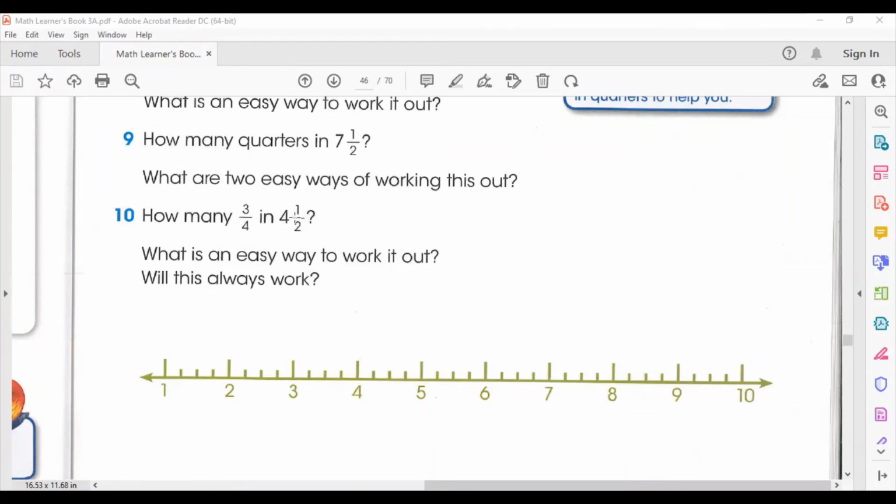So first of all change into a fraction. 4 multiplied by 2 is 8, plus 1, 9 by 2. 9 by 2 means 9 halves. We want quarters. You can write 9 by 2 or 9 halves, both right.